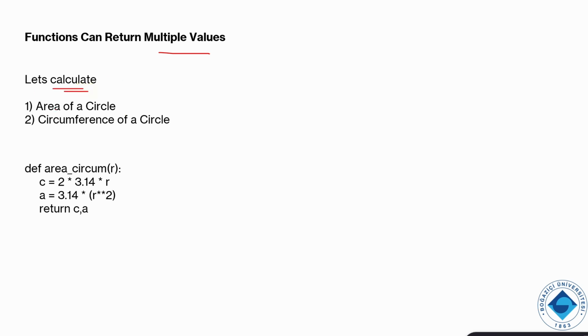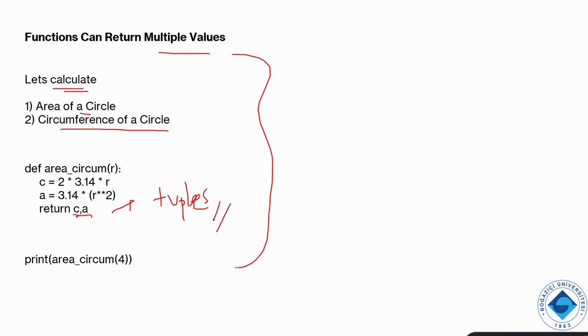You can calculate area of circle and you can calculate circumference of circle by defining a function, and it will return two values, the area of circle and the circumference of a circle. By the way, it is tuple type. We will see it maybe next week or 2 weeks later. No worries. Please do it yourself and see the results.